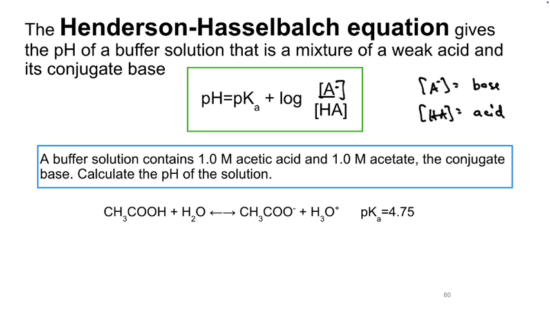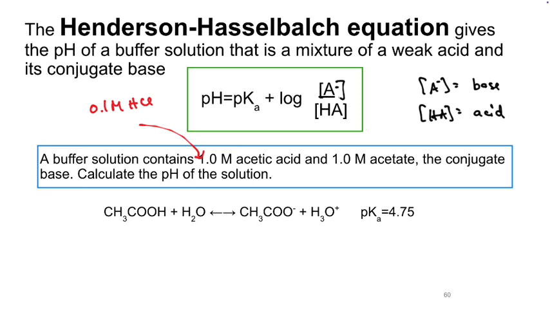In the previous question that we looked at, a buffer solution had 0.1 molar HCl added to it. Does that 0.1 molar show up in your Henderson-Hasselbalch expression? No. What shows up is the conjugate acid-base pairs.